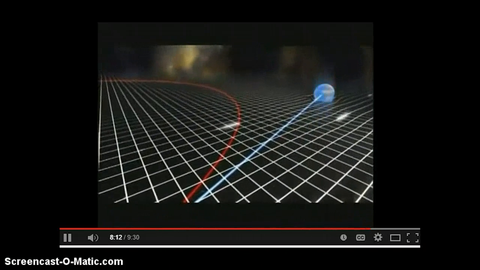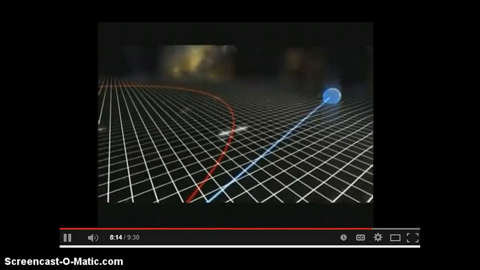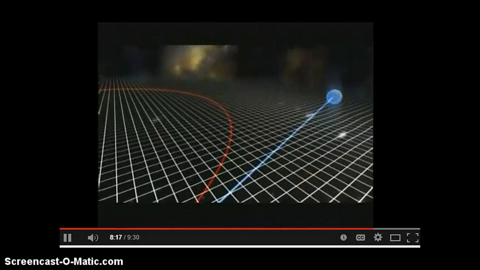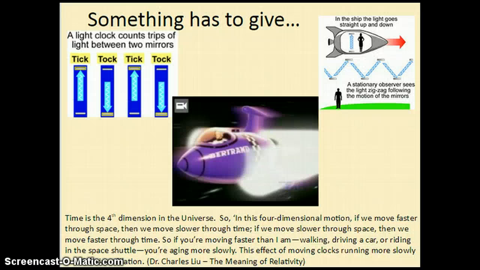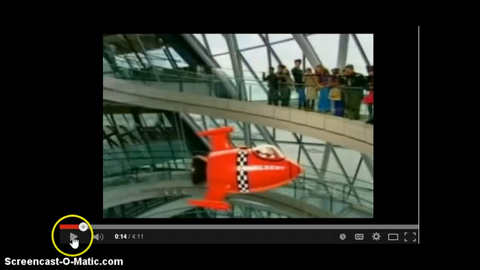What's more, Einstein calculated that these ripples of gravity travel at exactly the speed of light. So as a result of the speed of light being this absolute, something has to give. So we're going to start looking at time changing as a result of this.